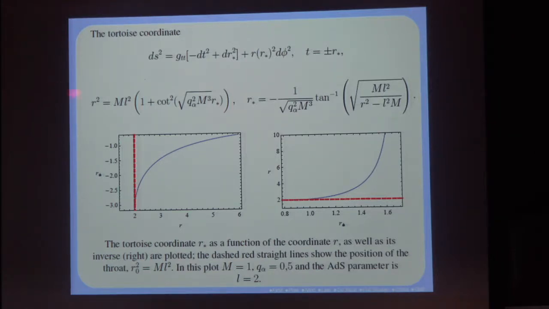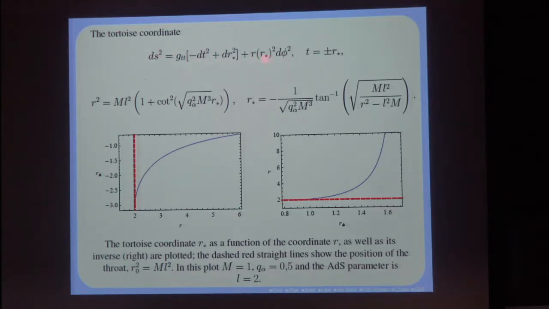So we change to the r-star coordinate or tortoise coordinate, and in this coordinate the metric looks like this. This coordinate is important because of two factors. In this way, the light trajectories are just cones like in Minkowski, right? Cones with a slope of 45 degrees.